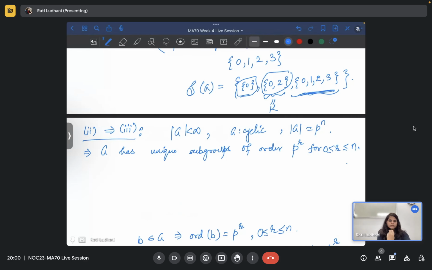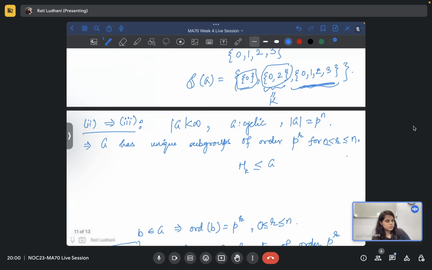Now you know that if you start with G, then you consider a subgroup of order p raised to power n minus 1, so let me take some subscript, H_{n-1}, of order p raised to power n minus 1.